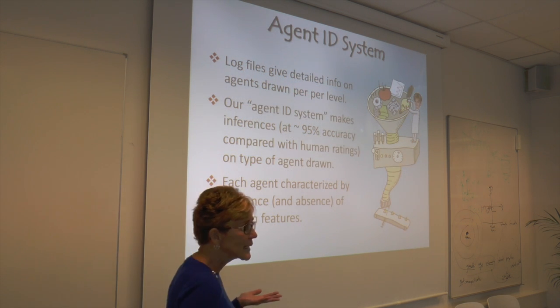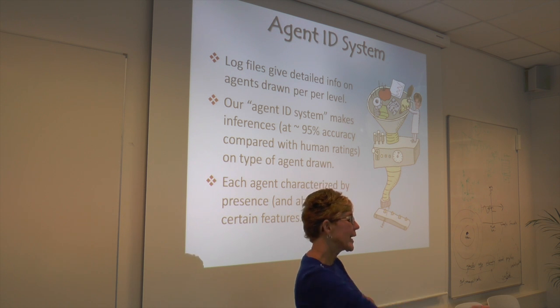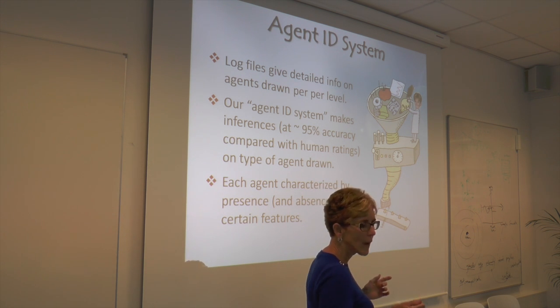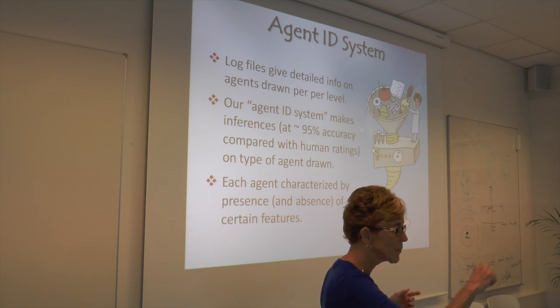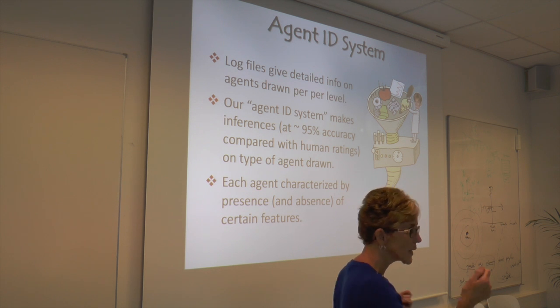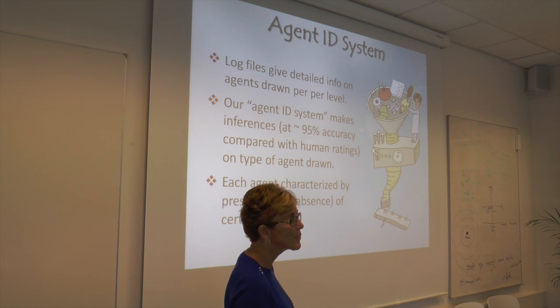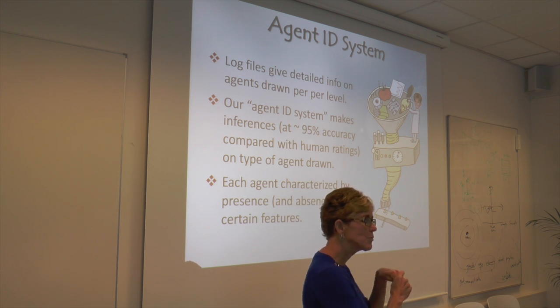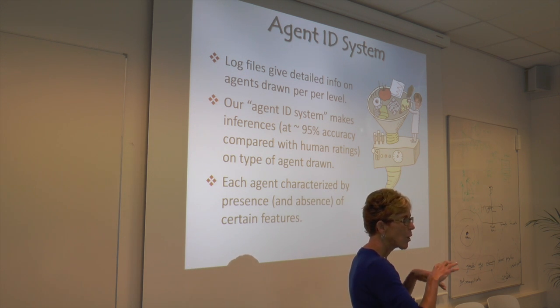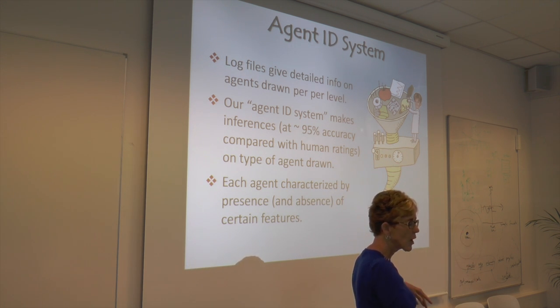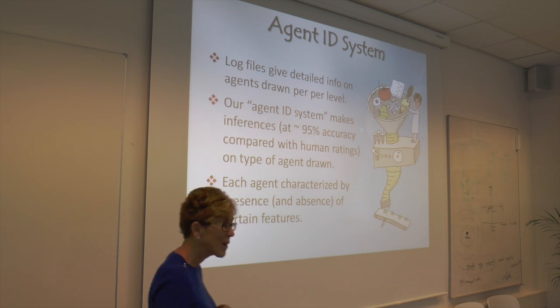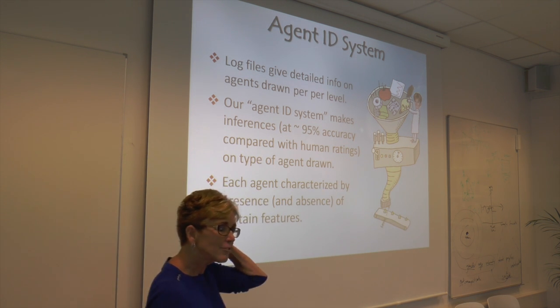So the problem is that because it's a drawing game, everybody draws differently. How I may draw a pendulum or a lever can be way different than you or you or you. So we had to come up with a system where the computer was able to automatically score a drawn object and classify it in terms of one of those agents of force and motion, which was kind of tough at first.